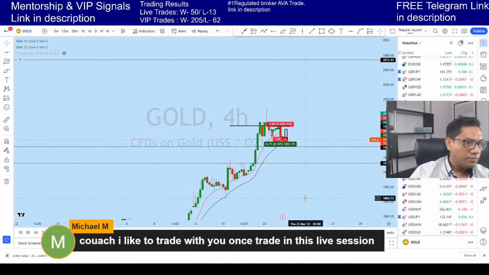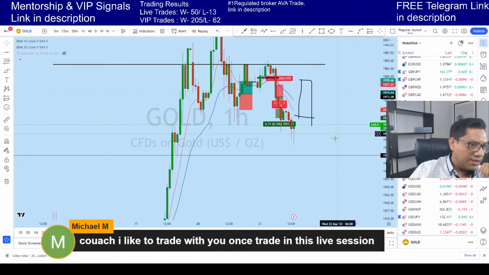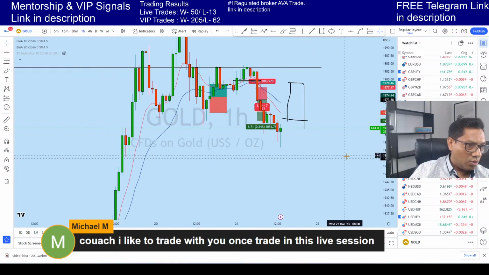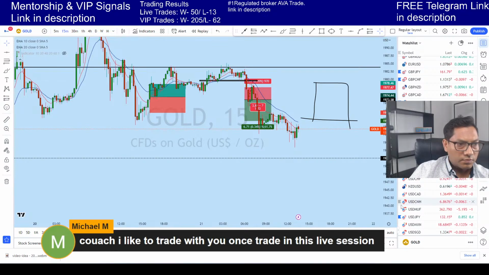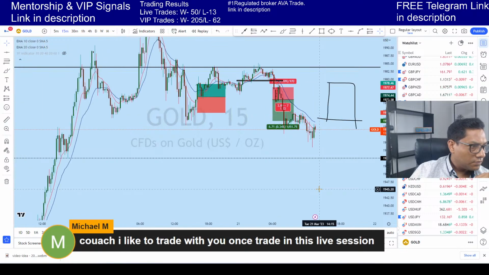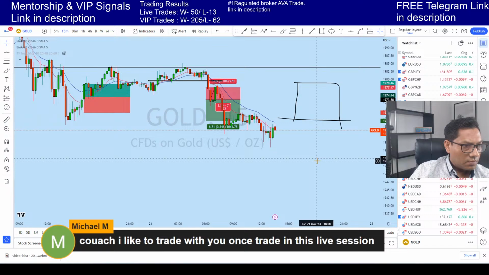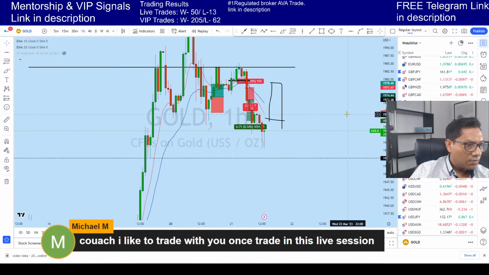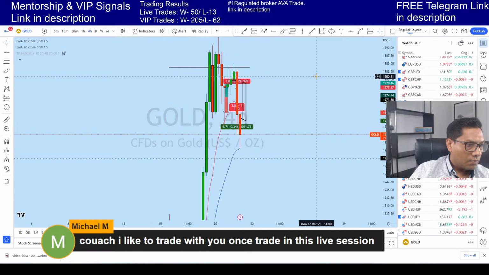Let's see what's happening in this one. I mentioned that from this support there is a rejection coming now on gold. I'm just trying to find out if there is any trade on gold.